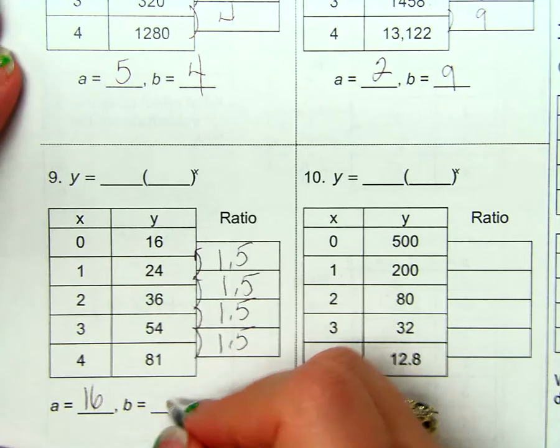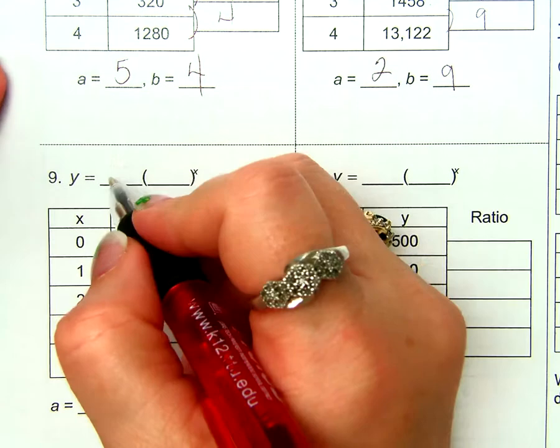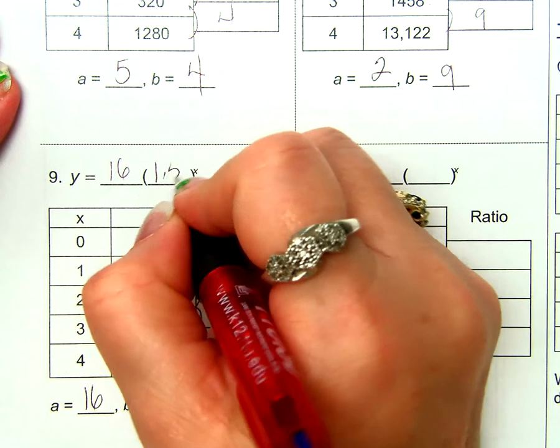So b is 1.5. So what's the equation? Y equals 16 times 1.5 to the x.